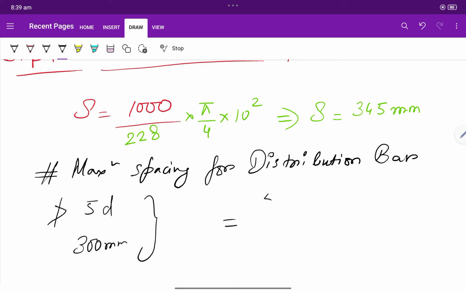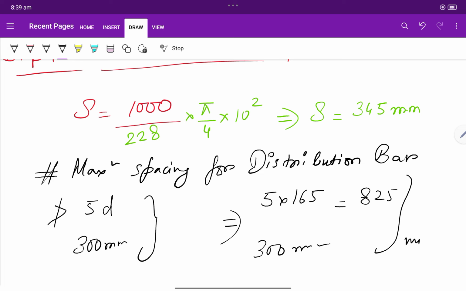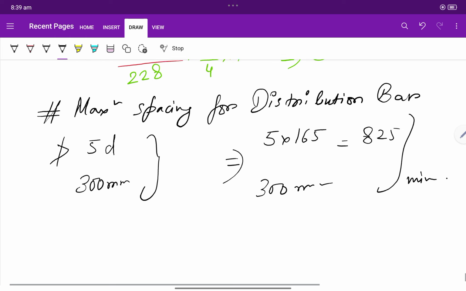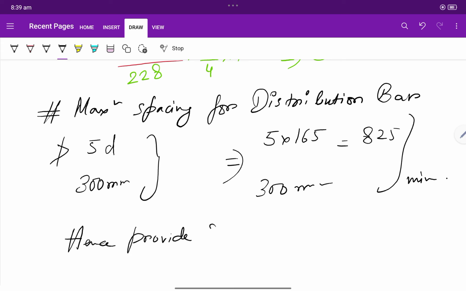If we calculate 5D, 5 into 165, it is coming to 825 or 300. So here also the spacing will be provided as 300. Hence provide spacing as 300.